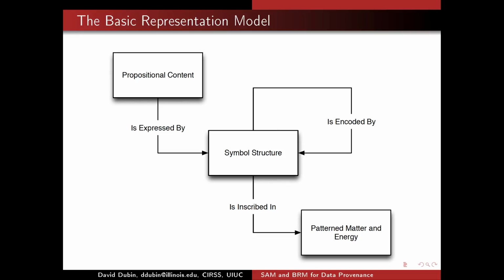Let's say you've got UTF-8 below that, and then bit sequence below that, and so on down to the particular arrangements of matter and or energy that ultimately carry the data.